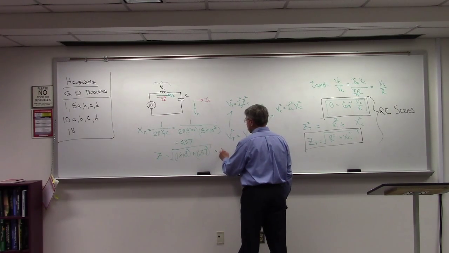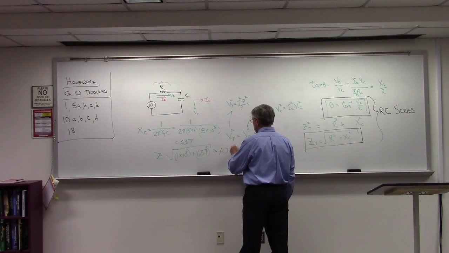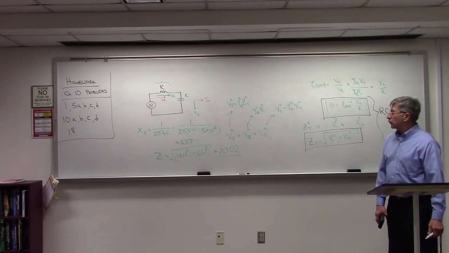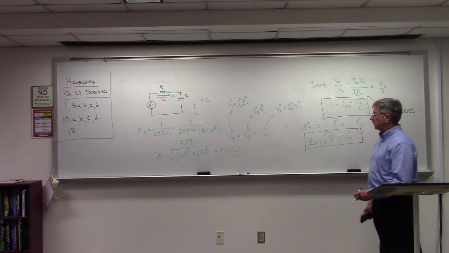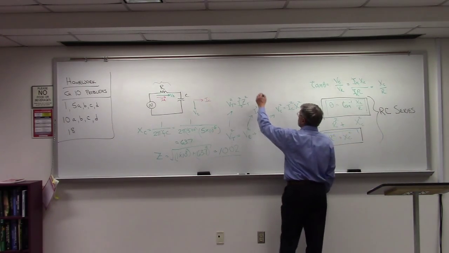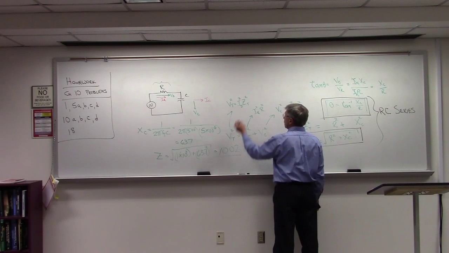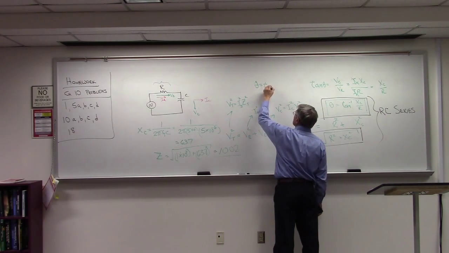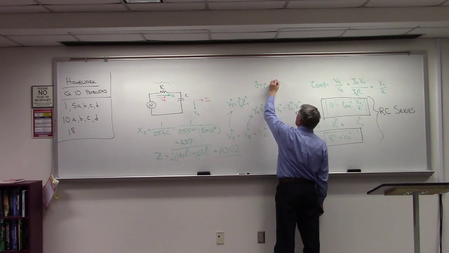I get 1,002 ohms. That phase angle is probably going to be a couple of degrees, not much more than that. So that's the total impedance, and my phase angle is going to be the tangent to the minus 1 of XC over R.